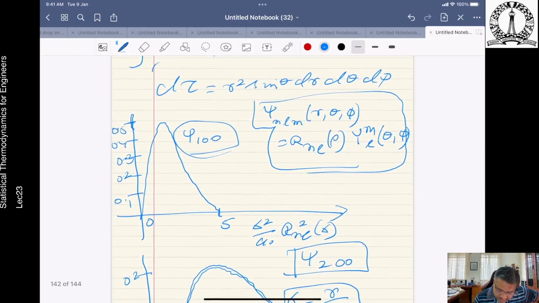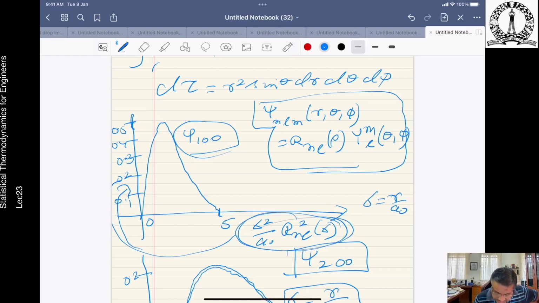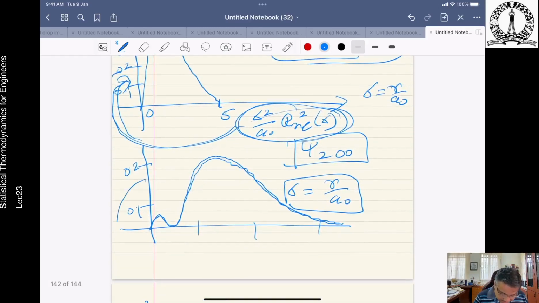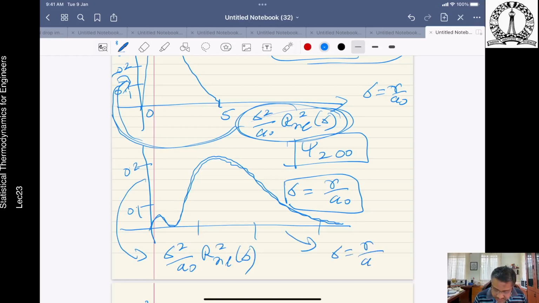So this is what we have plotted, associated with the radial portion, where sigma is equal to r by a naught, with respect to the dimensionless radius, so to say. This axis is sigma squared over a naught, R_nl squared, whereas the x-axis is sigma equal to r by a naught.